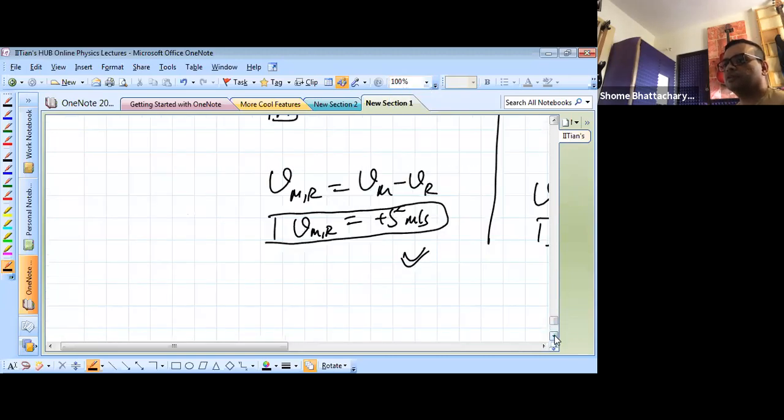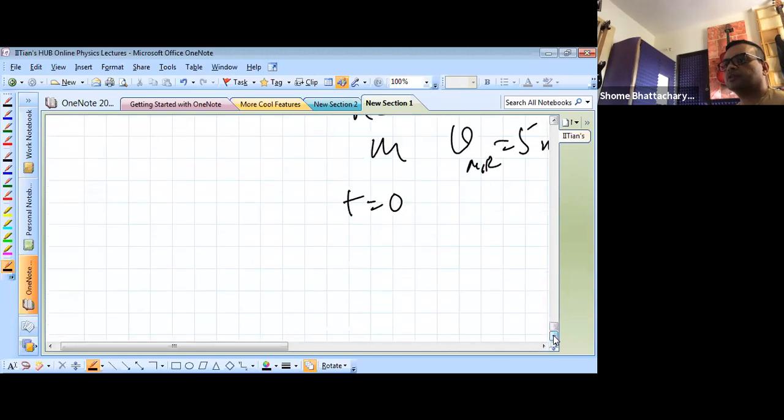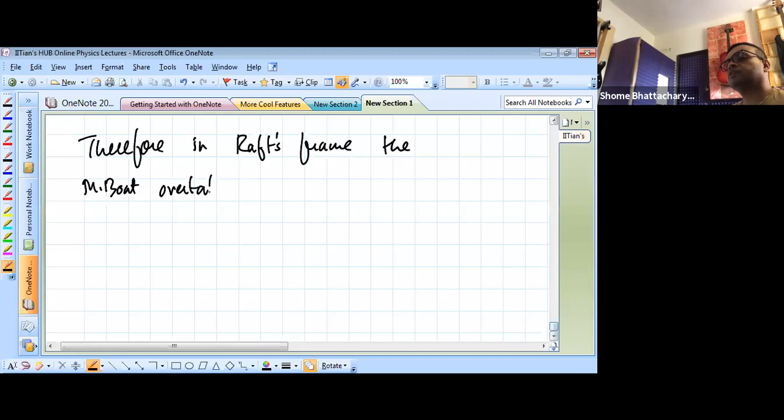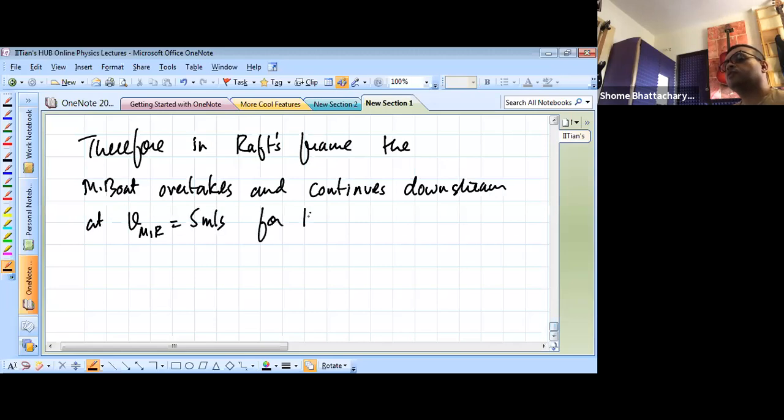You get it fully. So what happens is, therefore, in the raft's frame, the boat overtakes and continues downstream at 5 meters per second for 10 seconds.